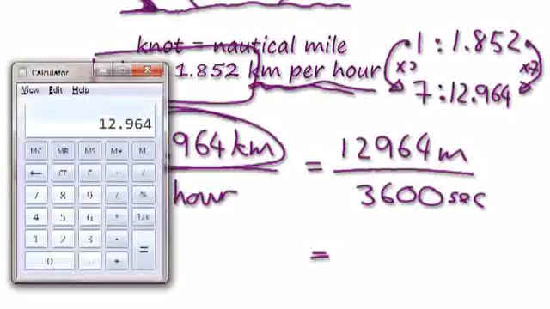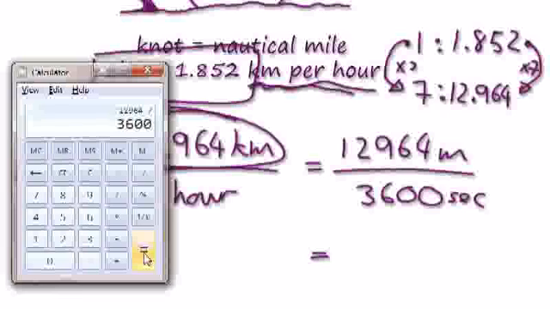So let's do this. 12,964 divided by 3600. Whatever this number is will be meters for every second, or meters per second.